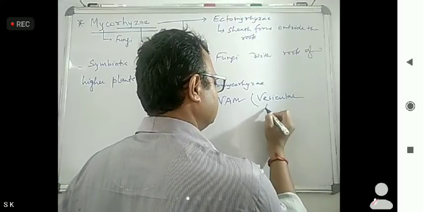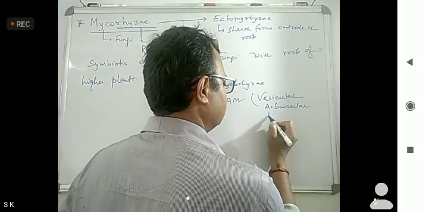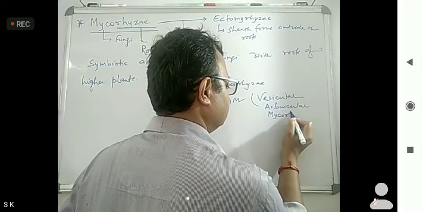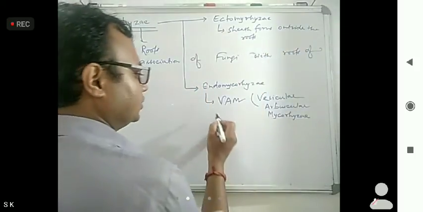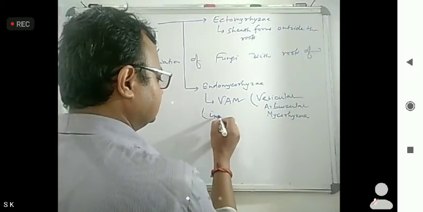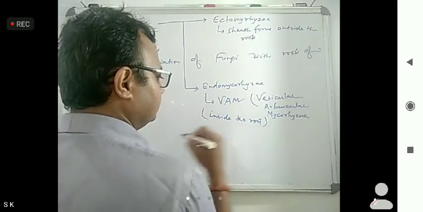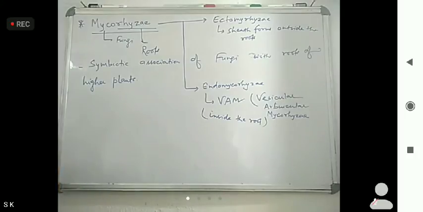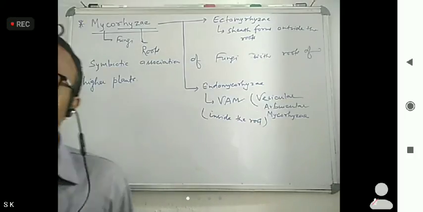This one forms outside the roots, this one forms inside. Okay, so this is mycorrhizae.